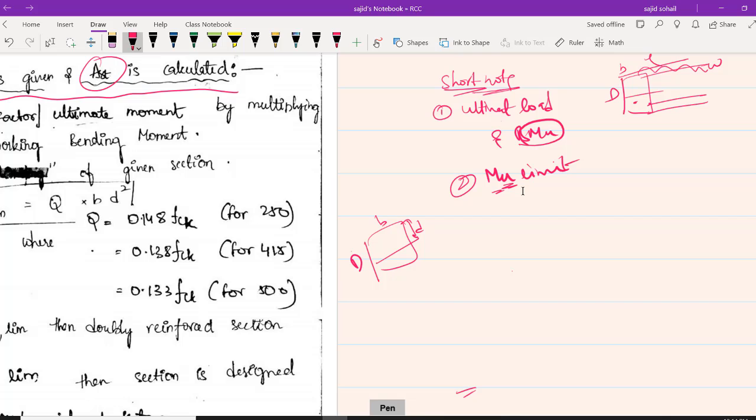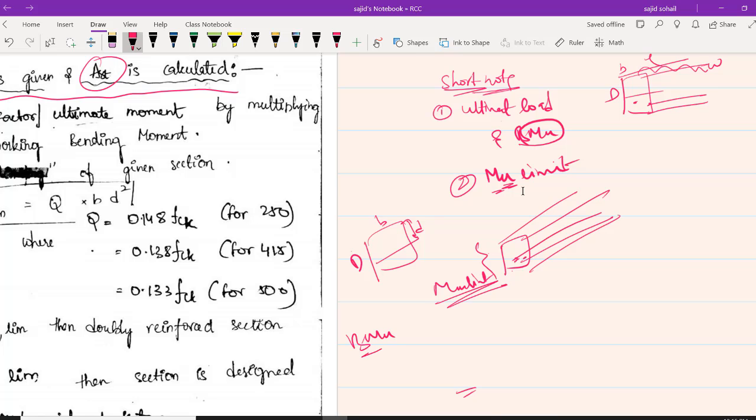This section, the section whatever you are designing, right? So let us draw something in 3D. This section whatever you are designing can take MU limit as so much. Okay, how much can the section take? MU limit. How much bending moment is acting? BMU, right?